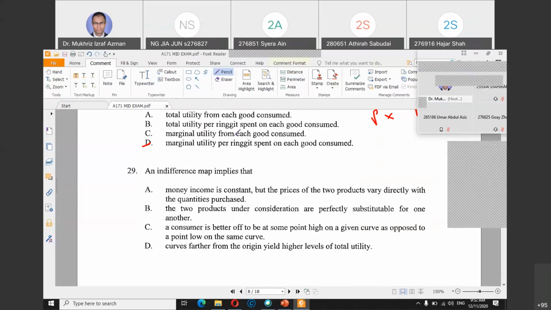So what is an indifference map or indifference curve? Sometimes people use the word indifference curve.